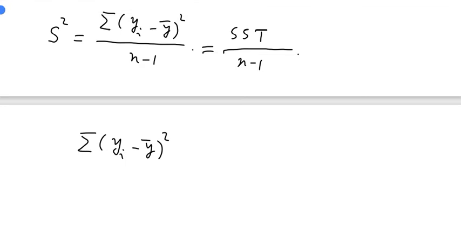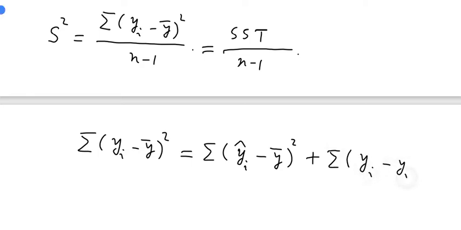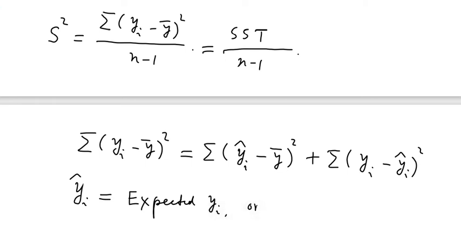Basically, this equals the summation of y_i hat minus y bar, squared, plus the summation of y_i minus y_i hat, squared. Here y_i hat is the supposed data or expected value of y_i, or supposed y value.